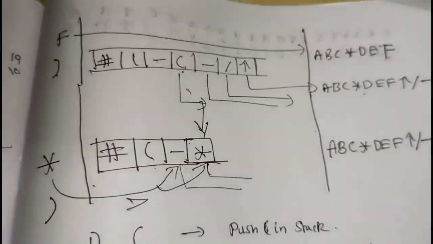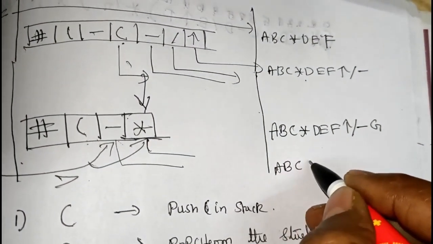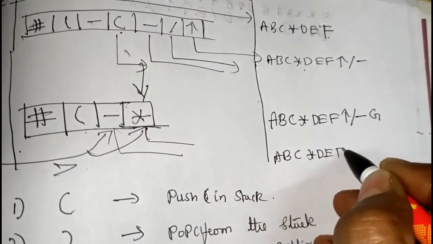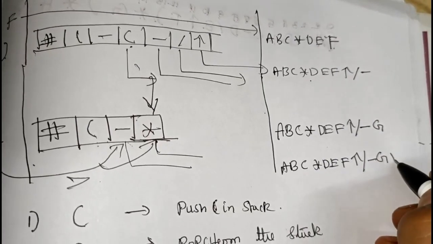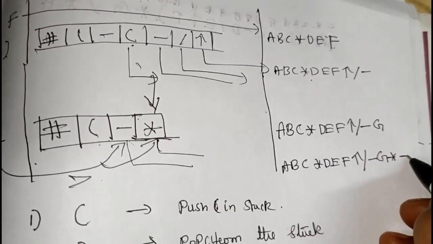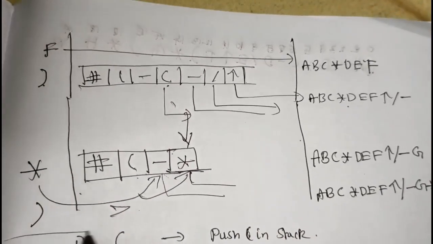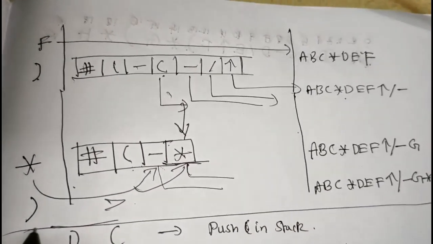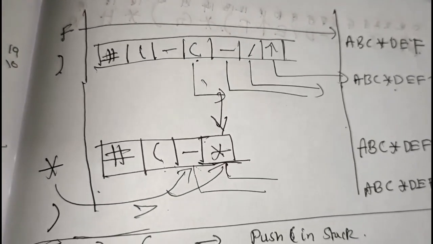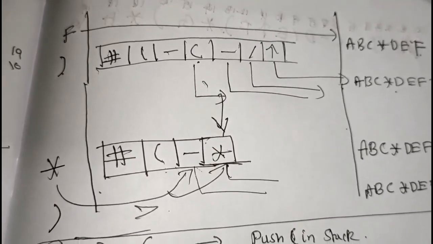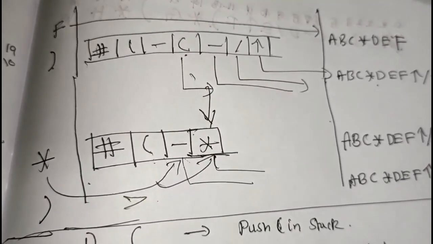So what will be my current postfix: A, B, C, star, D, E, F. So star and minus. So my current status of the stack is left only with hash.